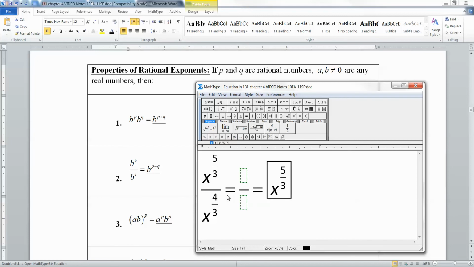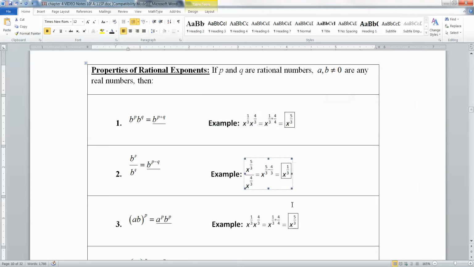That would be equal to x to the 5/3, which is the numerator power, minus 4/3, which makes x to the 1/3, like that.